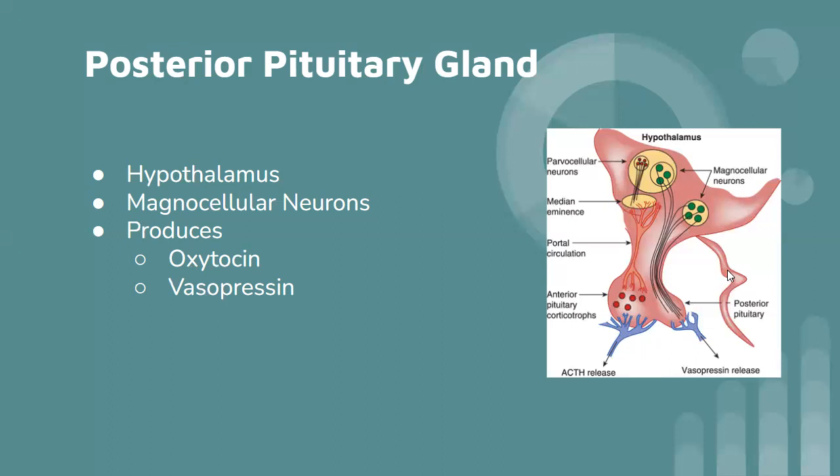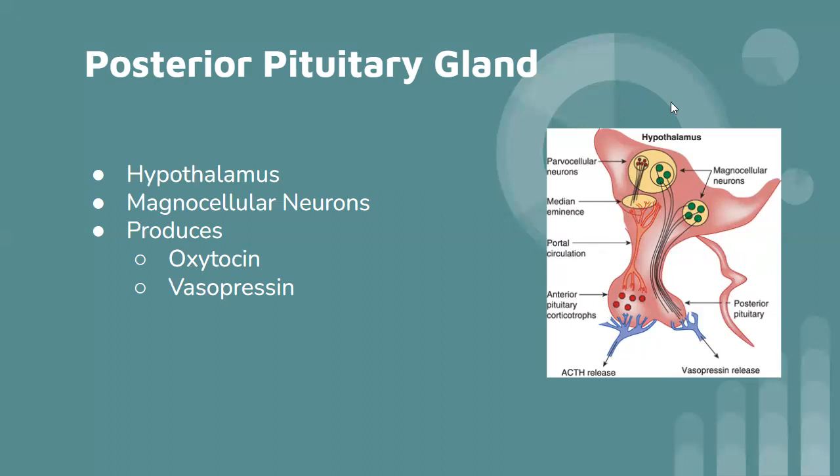When we're looking at the posterior pituitary, it's a little bit different. Instead of connecting through portal circulation, it connects through magnocellular neurons. Okay, so that's something the anterior pituitary doesn't get. It doesn't have direct neuron communication like the posterior pituitary does.